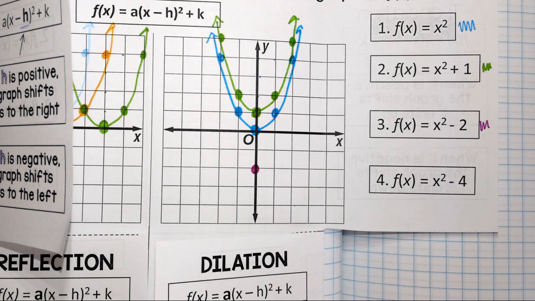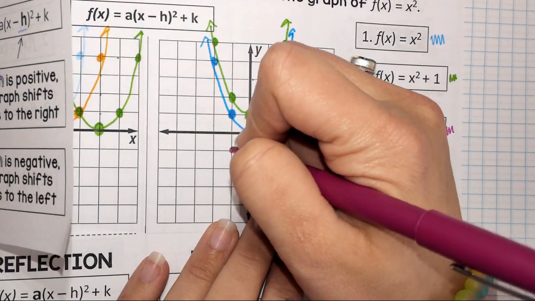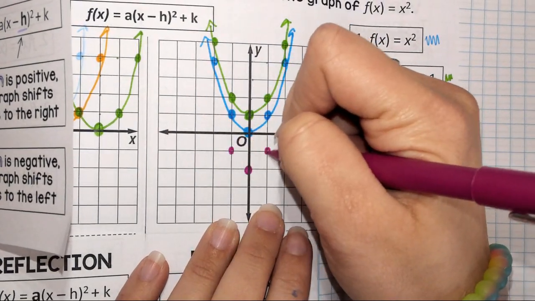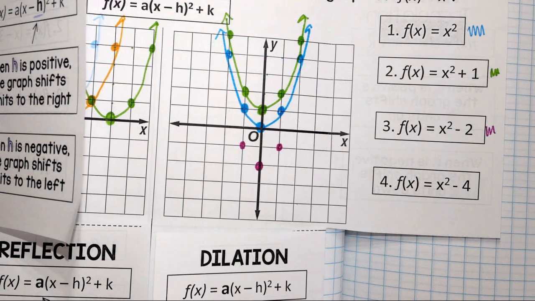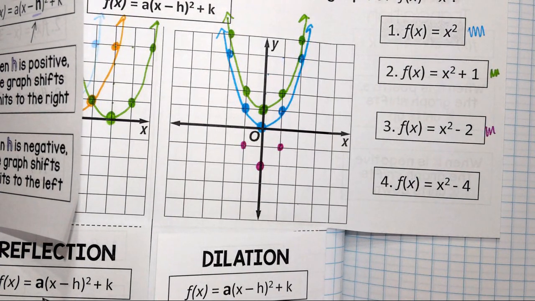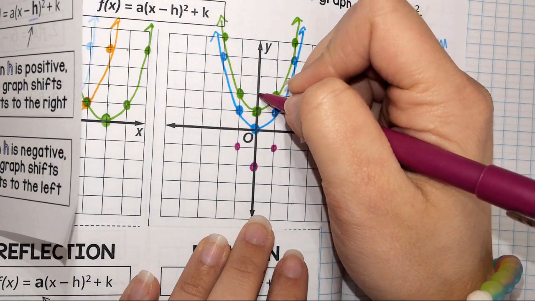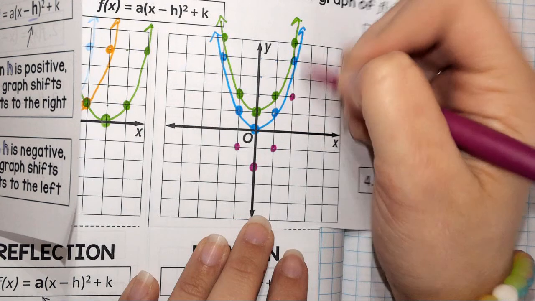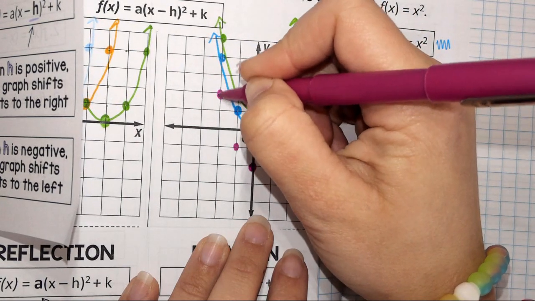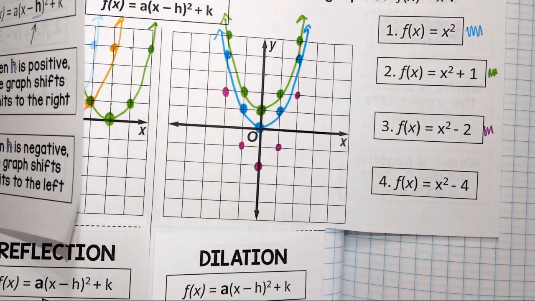We go up 1, left 1, then up 1, right 1. Take a point. Ashanti, what do I do after that? Up one, right one. Up 4, right 2. Awesome. Take a point.